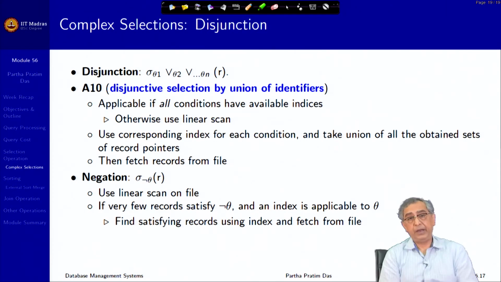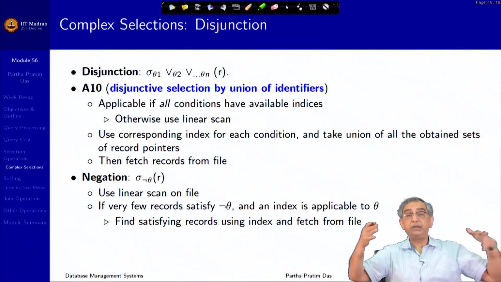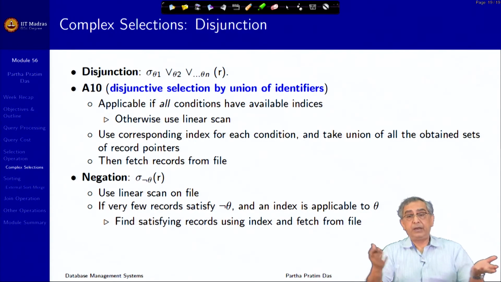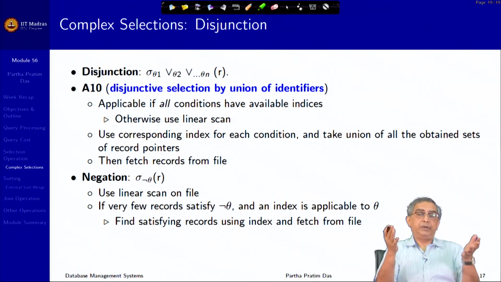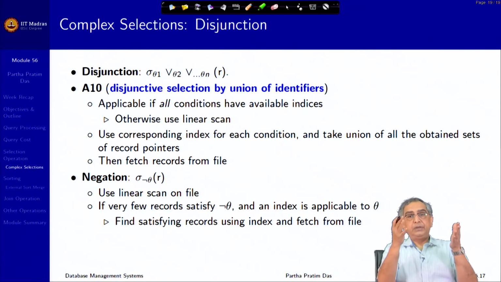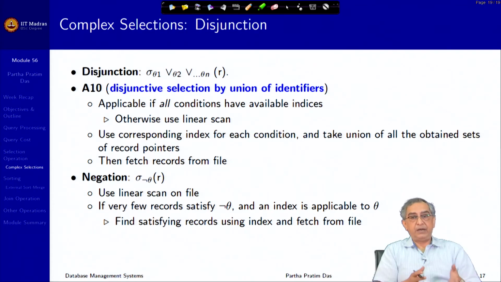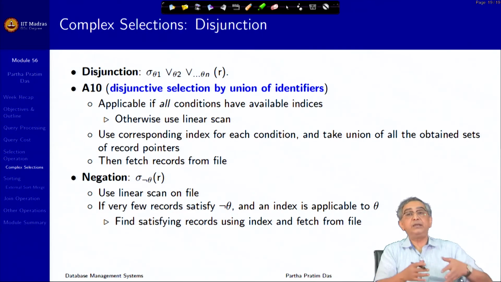So, you will typically do a linear scan, because you cannot filter anything. Earlier, when we were using conjunction, if you satisfy one theta I, then you know that the result is a subset of that. But here, if you apply one theta I, the result is a superset of that.